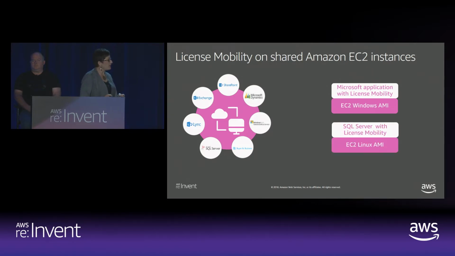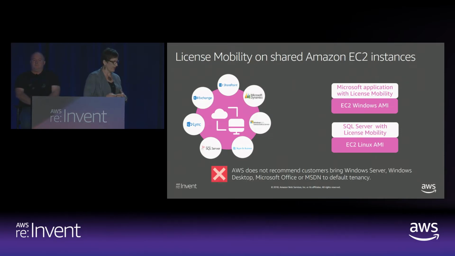And then don't forget, now with SQL Server 2017, you can also use your license mobility benefit on an EC2 Linux instance in shared tenancy. Keep in mind that we do not recommend you bring Windows Server, Windows Desktop, Microsoft Office, or your MSDN licenses to shared tenancy instances.